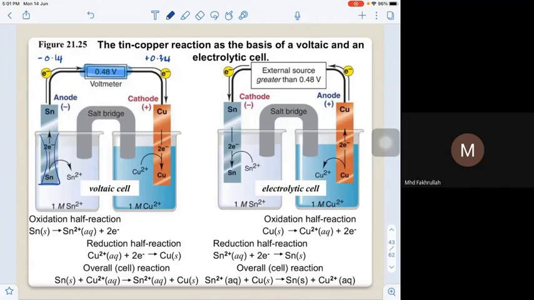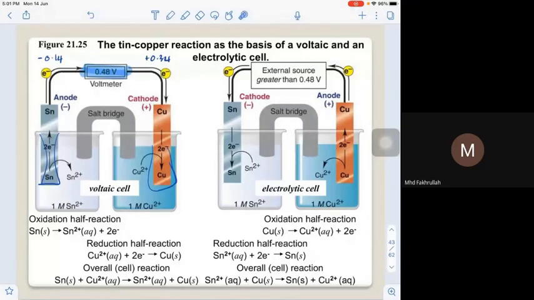As for the copper half cell, the blue color of the copper ion electrolyte becomes paler, and the copper electrode becomes thicker. So that's what happens.